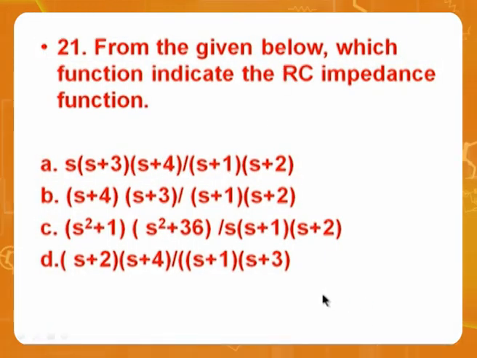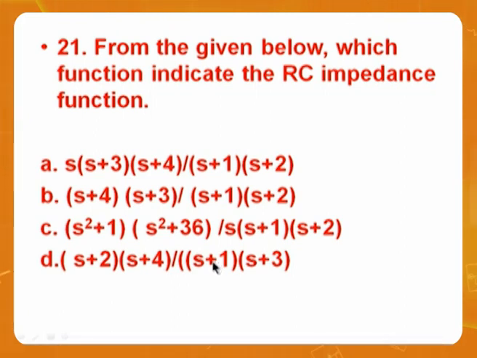The nearest to the origin should be a pole. So look at here, S into S plus 3, nearest to the origin here. Here nearest is a pole here. Then C, pole is nearest here. And then pole is nearest here.